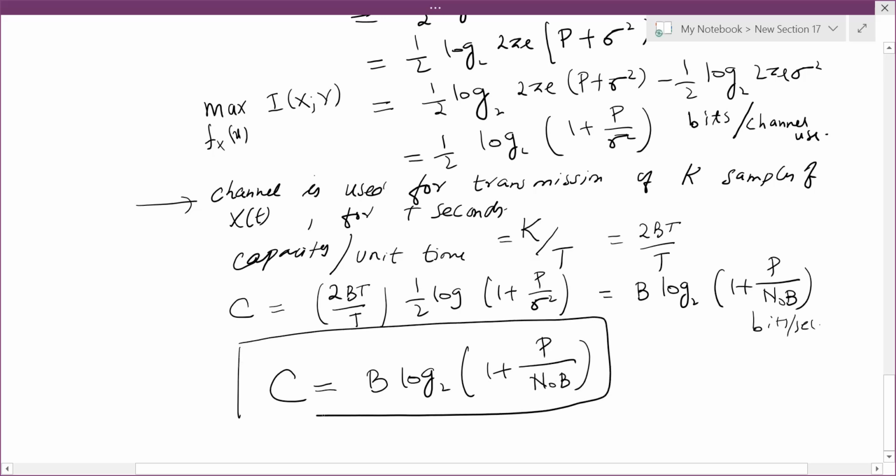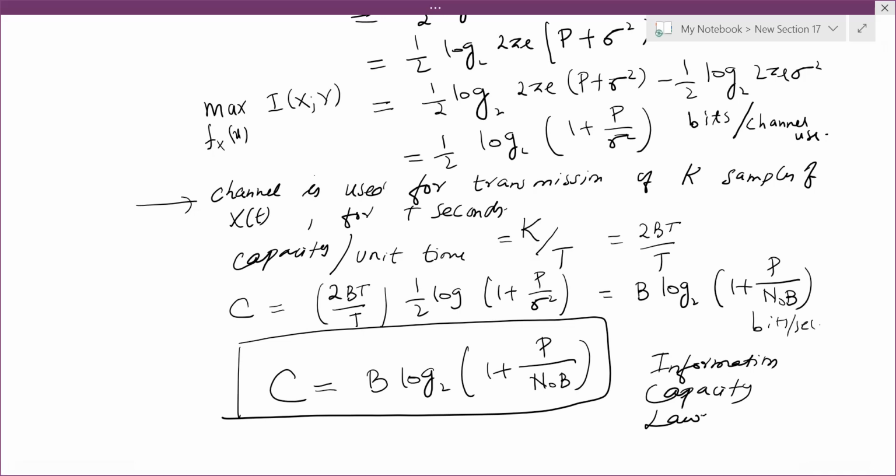This is the famous, celebrated information capacity law. It means that for a signal operating in a bandwidth b with a power constraint p, the maximum rate at which you can transmit information is given by c equals b log to the base 2 of 1 plus p by n naught b.